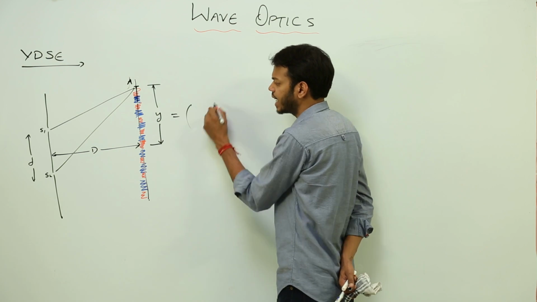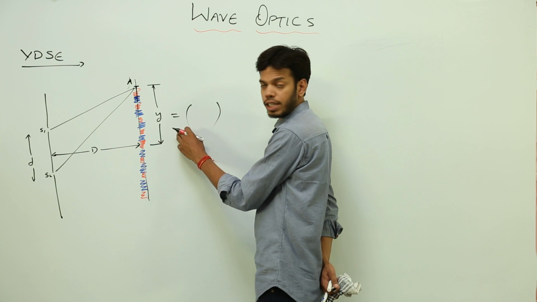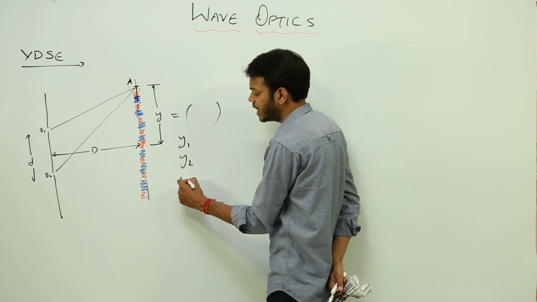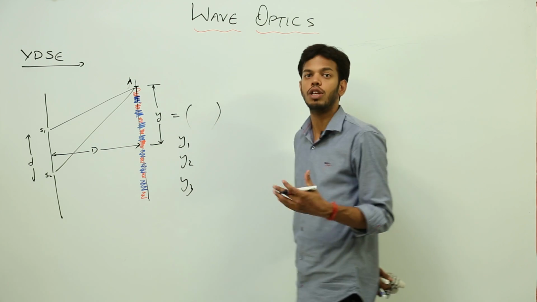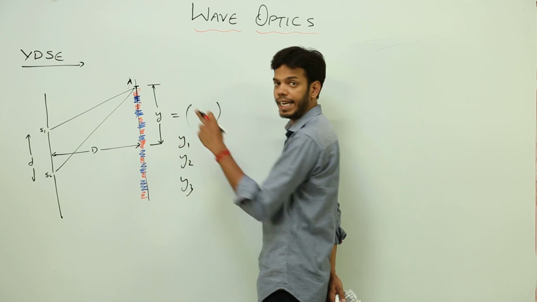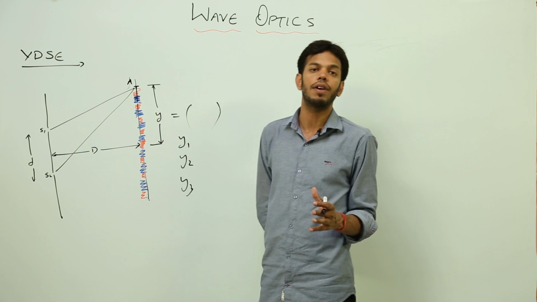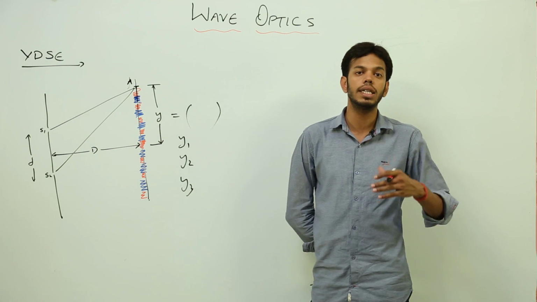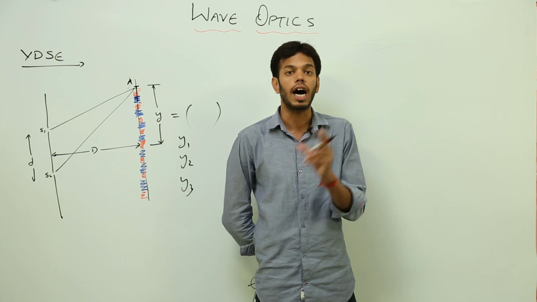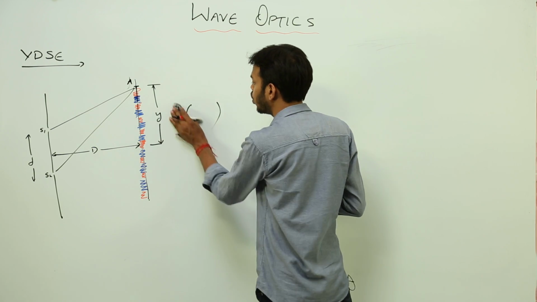I will put values of n so that I get the first bright fringe, second bright fringe and third bright fringe by putting different values of n. Now, if I want the fringe width, I will subtract any two consecutive fringes, for example the sixth bright fringe and the fifth bright fringe, or the fourth bright fringe minus the third bright fringe. So any two consecutive bright fringes or any two consecutive dark fringes, the subtraction is going to give you the fringe width. This is the methodology we are going to follow.